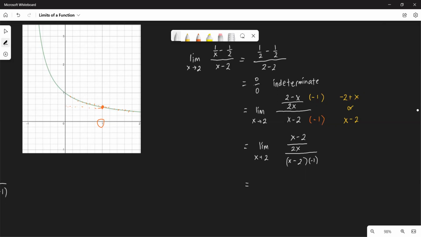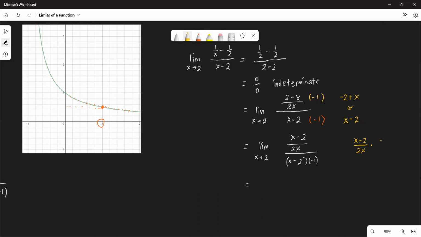Because when we simplify a complex fraction, we multiply the reciprocal of the denominator to the numerator. So if the numerator is x minus 2 over 2x, multiplied by the reciprocal of the denominator would be 1 over x minus 2 times negative 1.